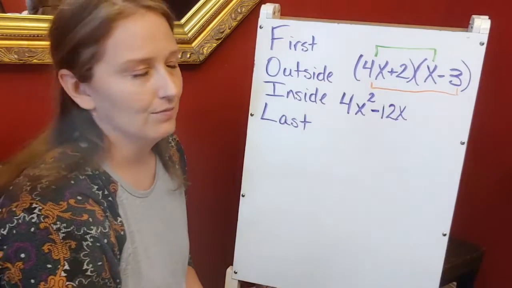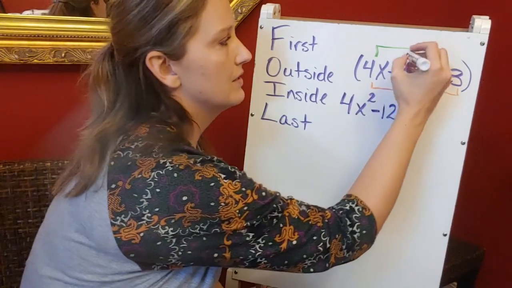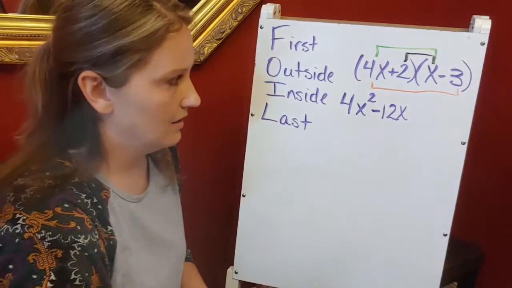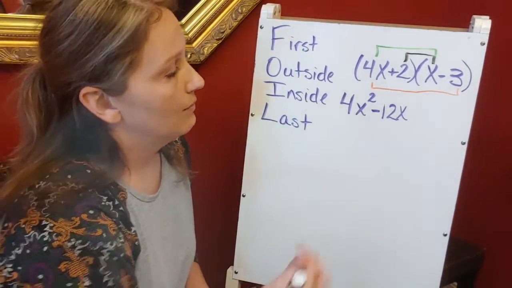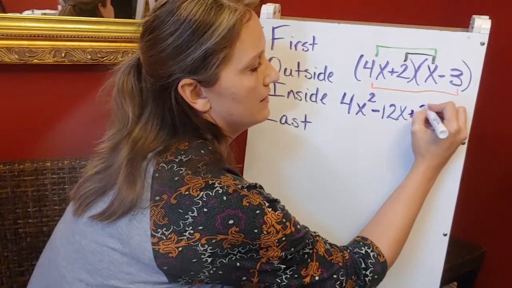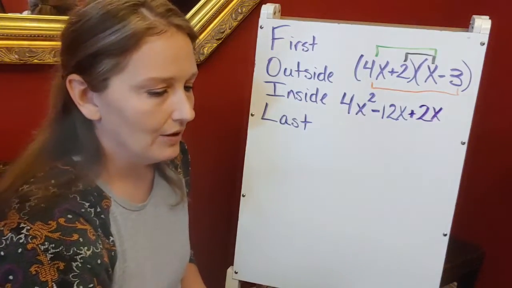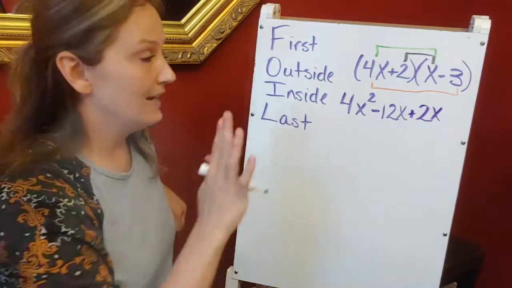Then I is inside. My inside terms. What are my two inside terms? So 2 and x are my inside terms. If I multiply those together, I get plus 2x. And then we have our last terms. Our last terms are exactly what it sounds like.